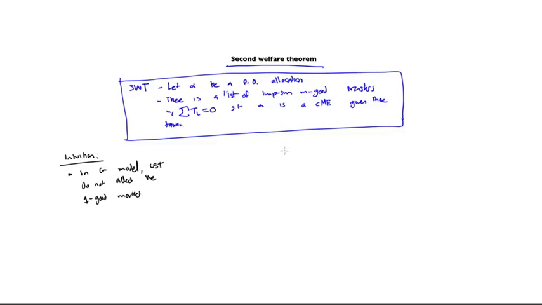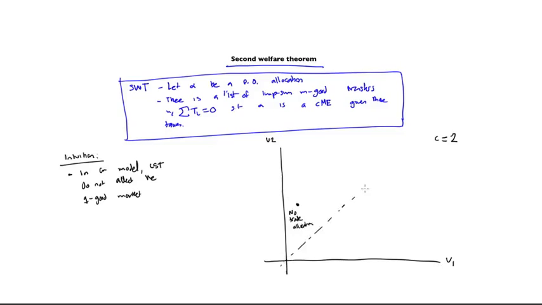And a way of thinking about what happens is the second part of the intuition. Let's look at a case in which there are only two consumers. Okay? And I'm going to plot here the utility of the first person and here the utility of the second person. And suppose that we are first at a no trade allocation like this one, in which person 1 gets a lot less welfare than person 2. Let's say this is the 45-degree line.